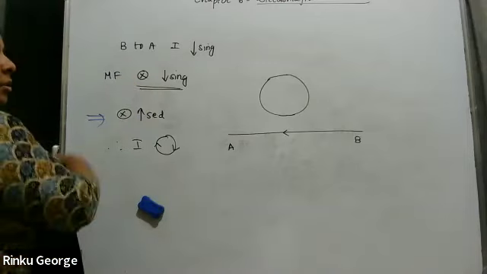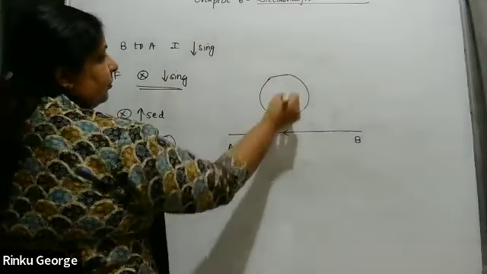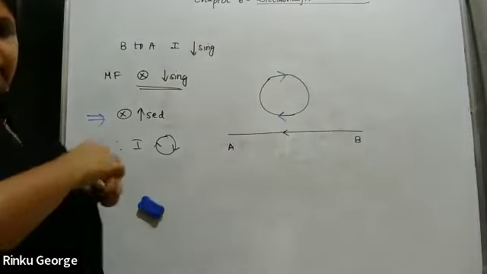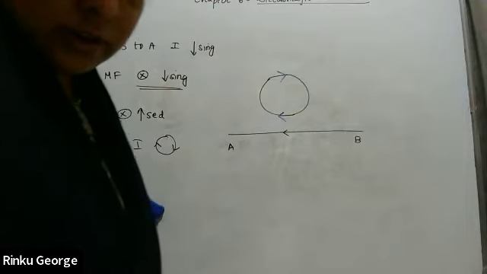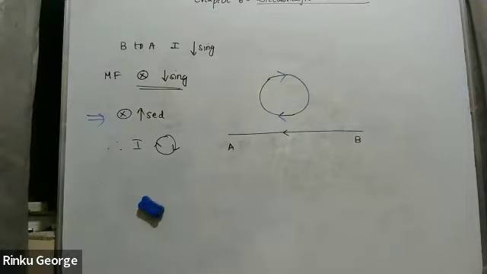Okay, do this one. You can note the explanation, okay? So this is the answer. I'll give the explanation, right? Here, B to A current decreases.